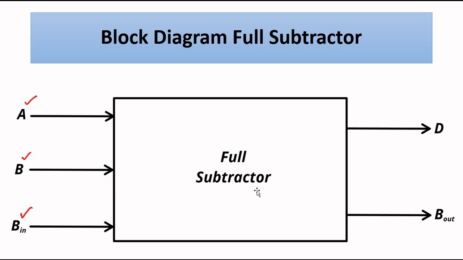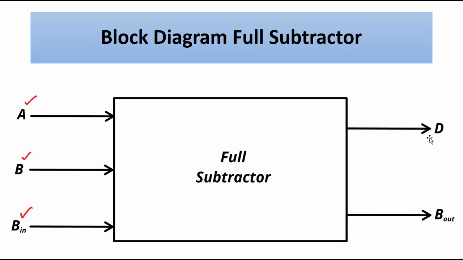It has 3 inputs and 2 outputs, because as per the requirement of the full subtractor we need 3 inputs, the 2 bits to be subtracted and the input borrow, and 2 outputs, difference and output borrow. The logical outputs of these 2 outputs, difference and borrow, are expressed as this. So we have the 3 inputs A, B, the 2 bits to be subtracted, and the input borrow B in.